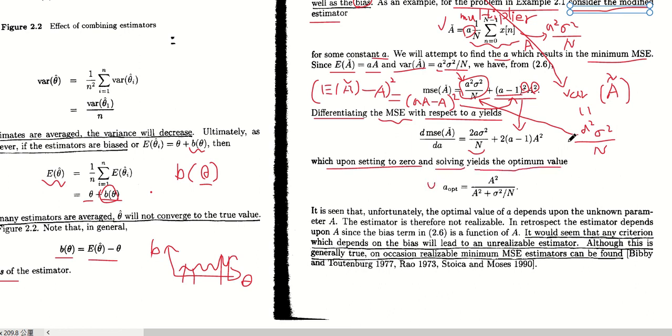So you set it to 0 and then solve for a. So a optimal is equal to A squared divided by A squared plus sigma squared over n.